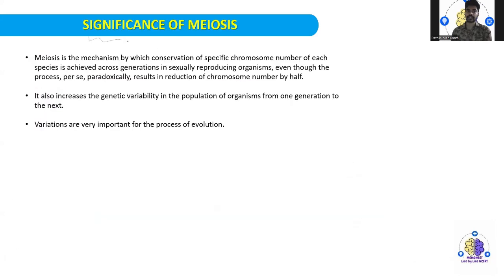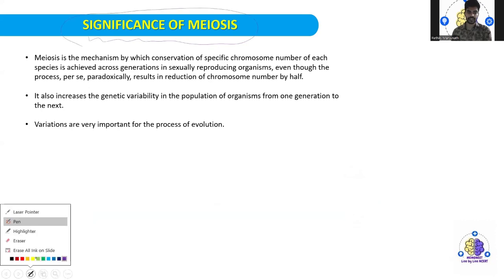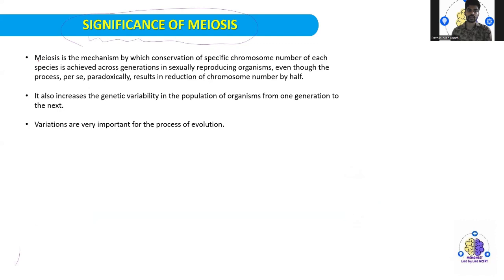Then what exactly is the significance of meiosis? What is the major significance of meiosis here? Meiosis is the mechanism by which the conservation of the specific chromosome number of each species is achieved across generations, especially in sexually reproducing organisms.